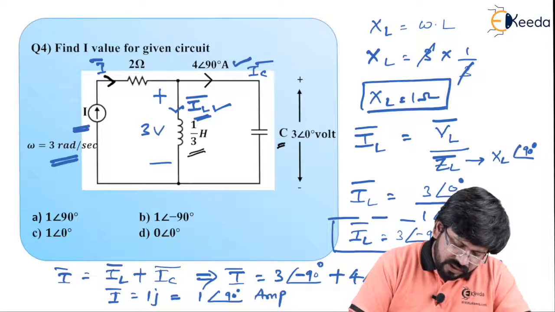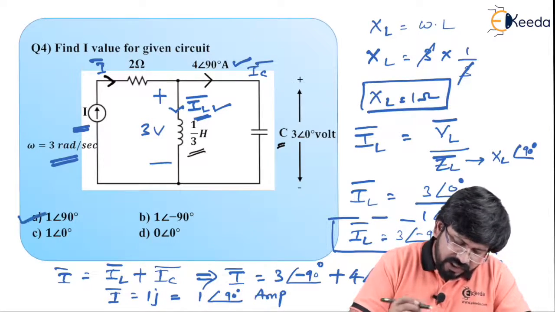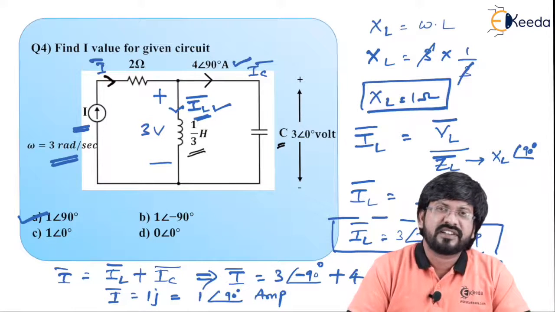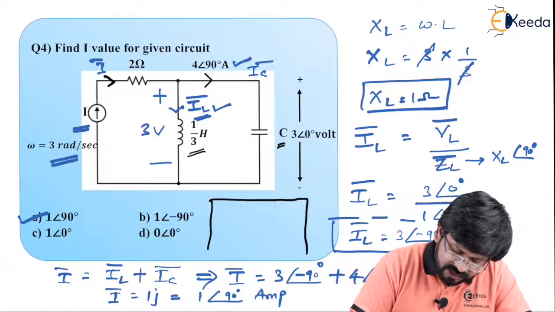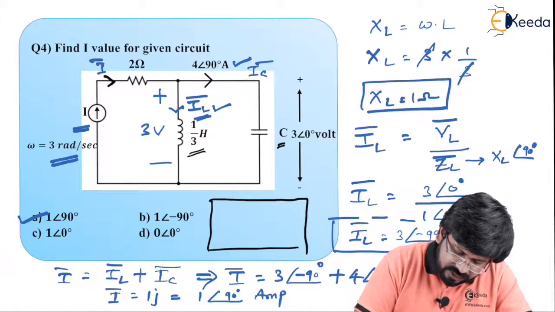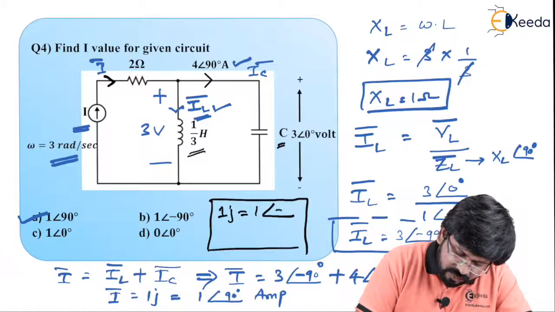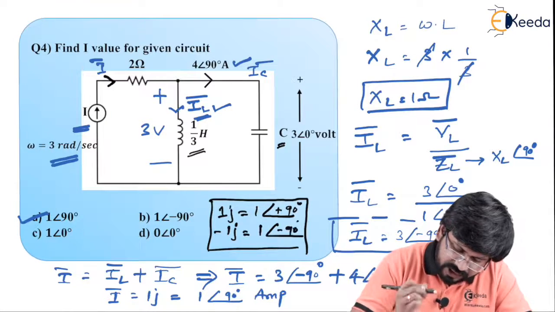As you can see, I vector is 1 at an angle of 90 degree, where option number A is correct option. So you should understand that this is for your reference I am providing you. If it is 1j, it is always 1 at an angle of positive 90 degree, and if it is minus 1j, I can write it as 1 at an angle of minus 90 degree.